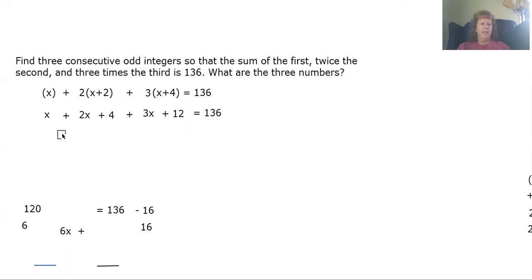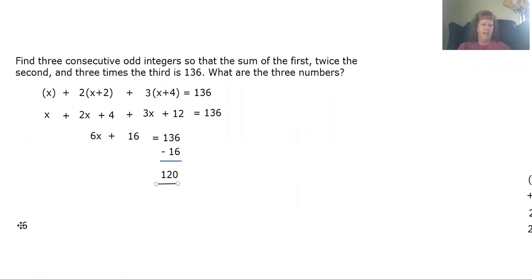If we have x plus 2x plus 3x, that will be a total of 6x. And then 4 plus 12 will be 16. Then if we subtract 16 from both sides, we'll have 120. And if we separate 6 from x by dividing by 6, x will be equal to 20.